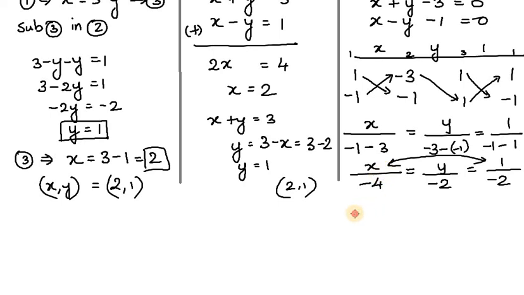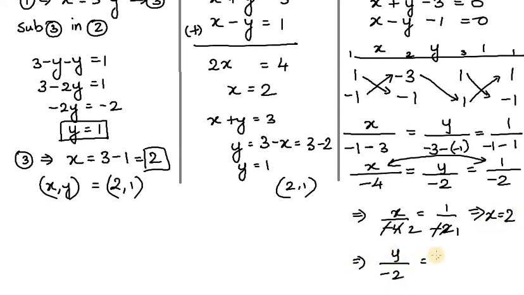When I equate x by -4 is equal to 1 by -2, minus minus we can cancel, and here there is a 2 and here a 2. When the 2 cancels and comes here, you get x is equal to 2. Same case, when we equate y by -2 is equal to 1 by -2, the -2 cancels, so you will end up with y is equal to 1. So here as well you get the solution as (2, 1).